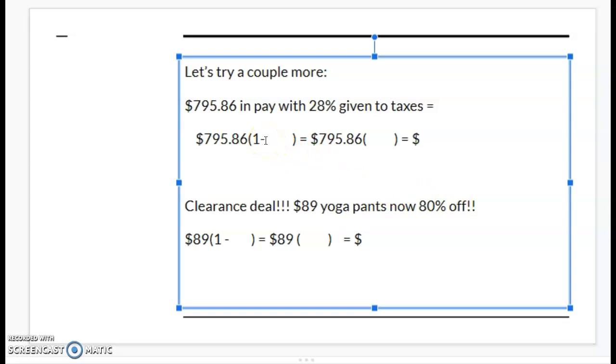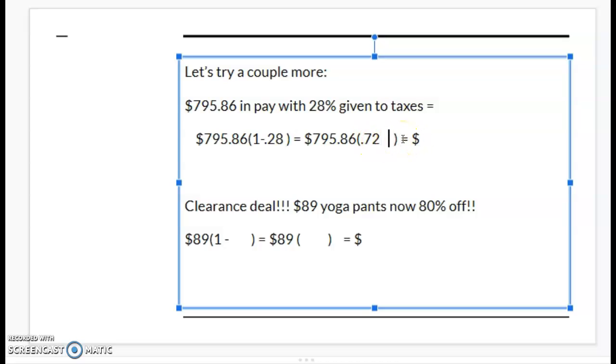Now your taxes, no one realistically gets a paycheck that's like, woo, an even amount. So let's start with a nice different amount. $795.86 is my pay, and I'm going to get 28% taken out of taxes. So I'm going to put a 0.28 into that one. And then I know that 1 minus 0.28 is 72% or 0.72.